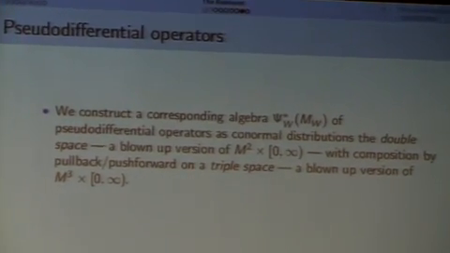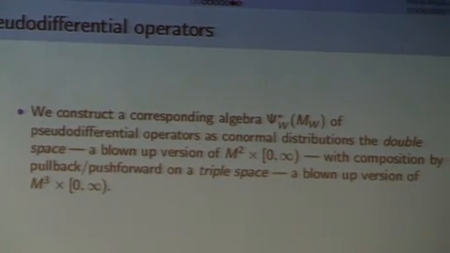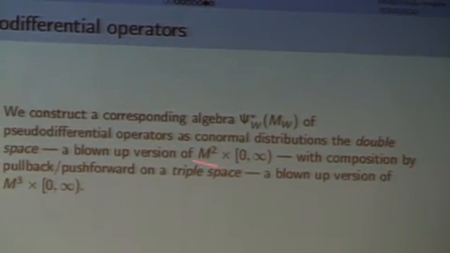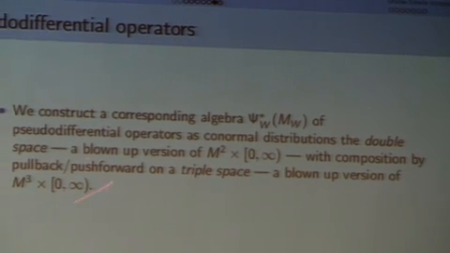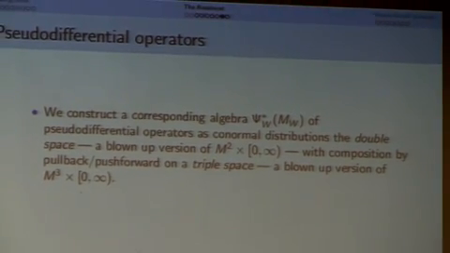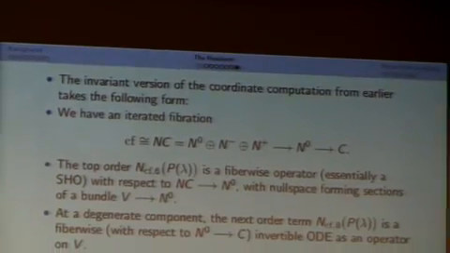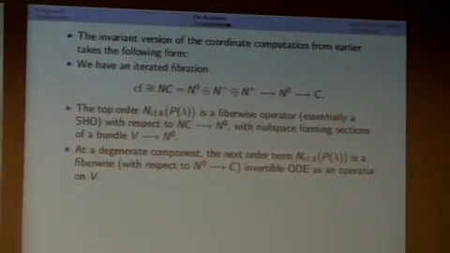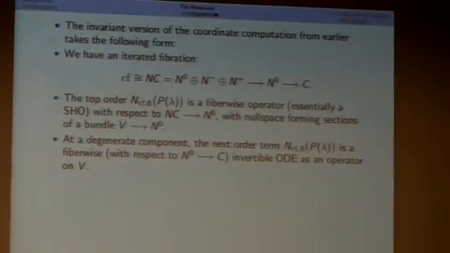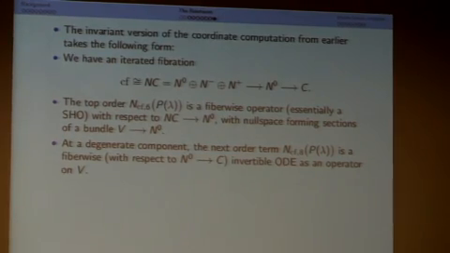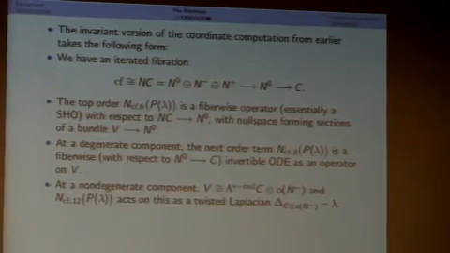It involves constructing a space on which Schwartz kernels live. It's a blown-up version of this, and they compose on a blown-up version of this space. And there's, I claim, an invariant version of the coordinate computation that is not much more difficult, which mostly said it.